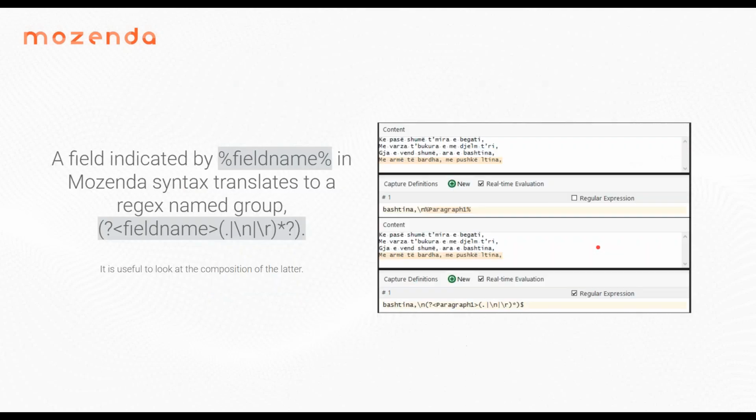Yeah. So we can look and see that we have our text here, we have our character, and a comma. So we have a new line expression. We now have our capture group. Our named capture group is what it's called in regular expression. And this is the syntax of that with your field name in here.